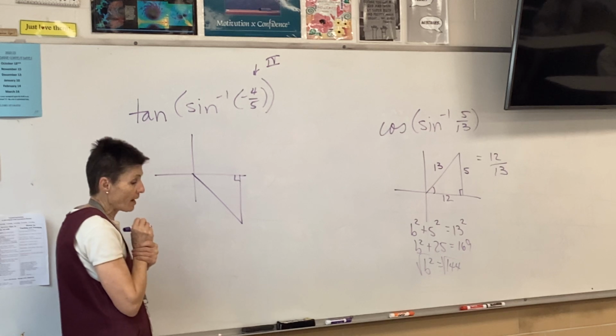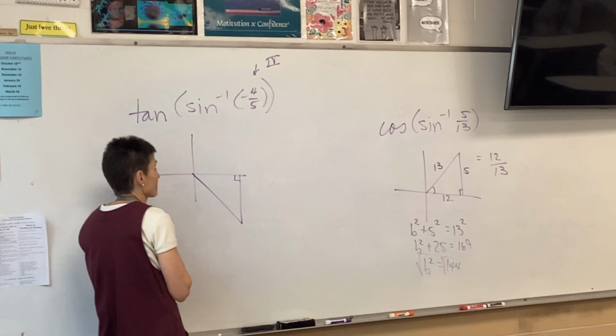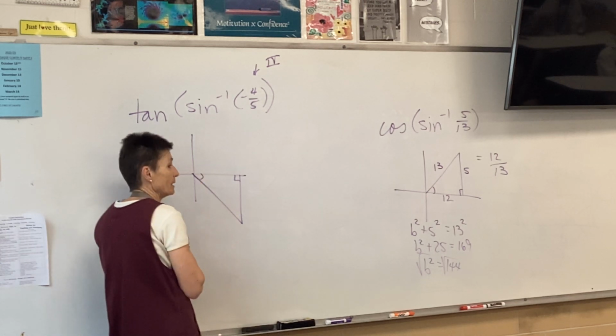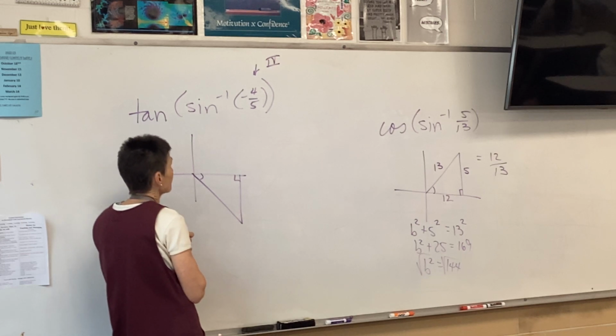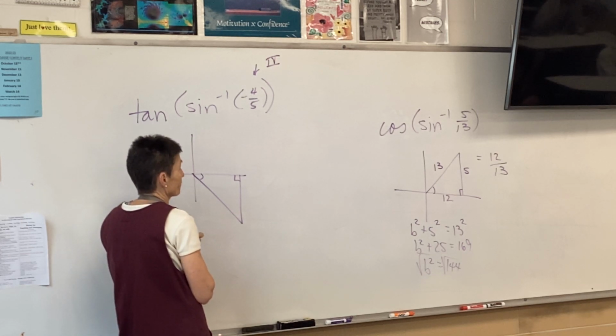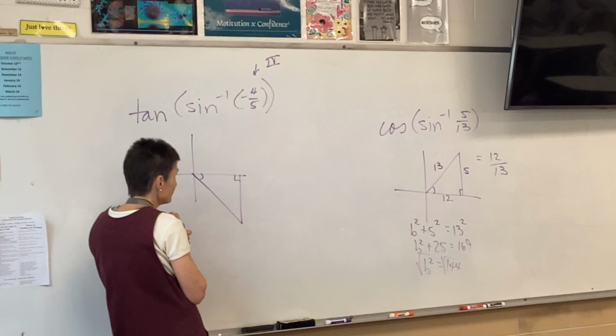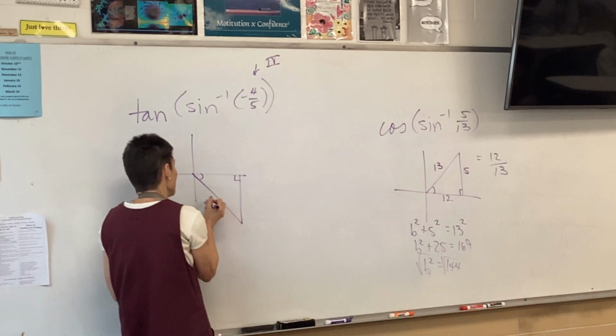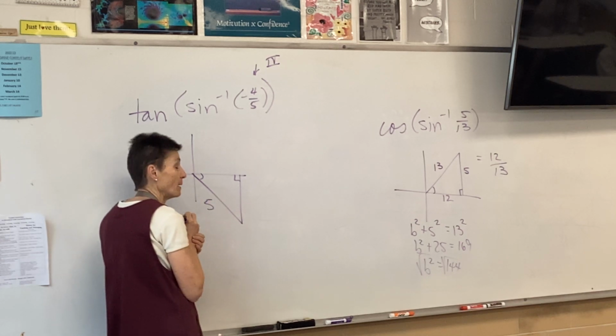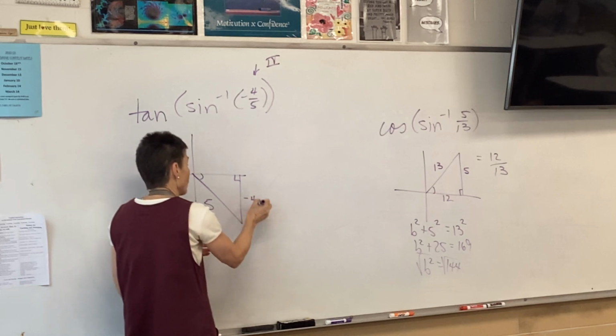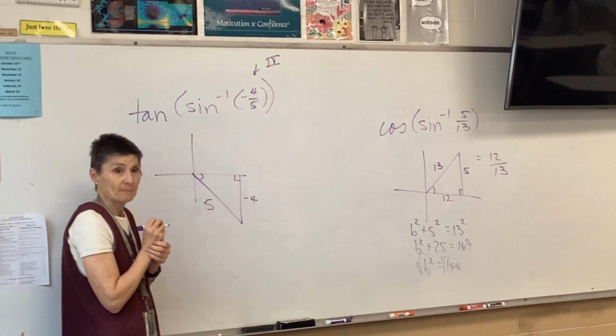So label your sides. Here's your angle. What's 4? What's 5? 5's the hypotenuse, +5, always on the hypotenuse. -4 is the opposite.